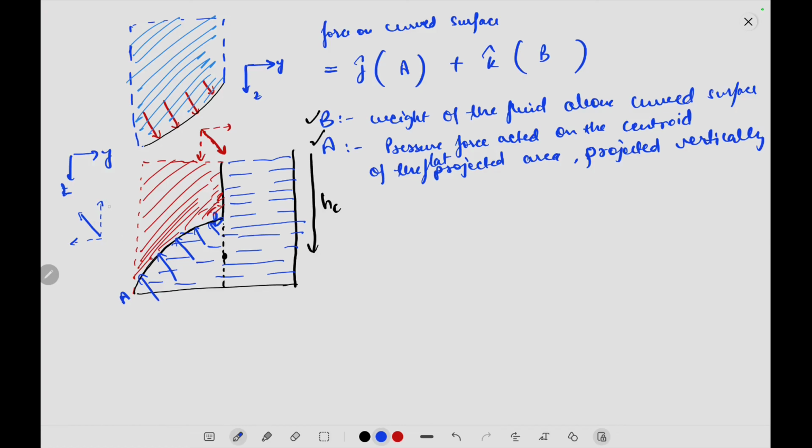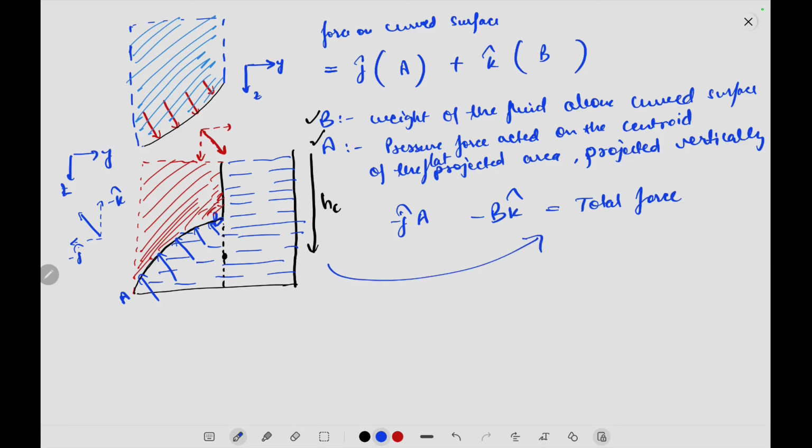This is along minus k hat and this is along minus j hat. So A times minus j hat and B times minus k hat. This will be the total force on this curved surface.